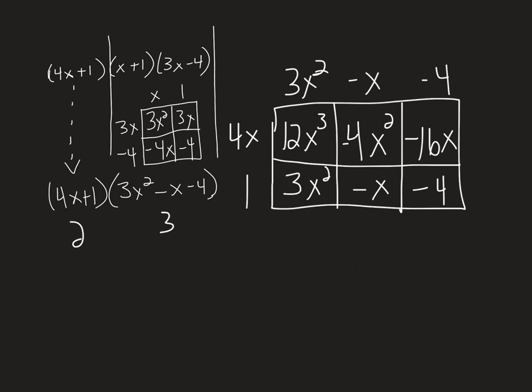Negative 4. Then we're going to combine like terms here. So we will look here at the x squareds. They are like terms, and then our linear terms here, our x's, they are like terms. All right, final step. Write them in descending order, which means start with your highest power first. Our highest power is the x to the third, so I'll write that term first.